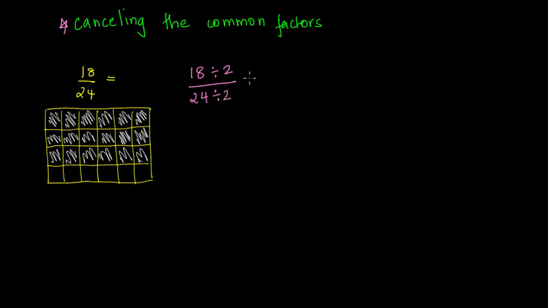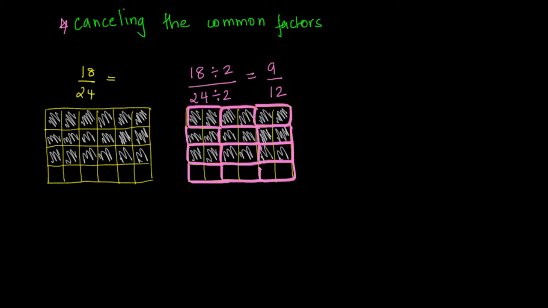So 18 divided by 2 is 9, and 24 divided by 2 is 12. The way this would look visually is like this. So what I'm doing is grouping together 2 small parts into a bigger part, and now instead of 24 small parts, I have 12 parts, of which 9 are shaded.